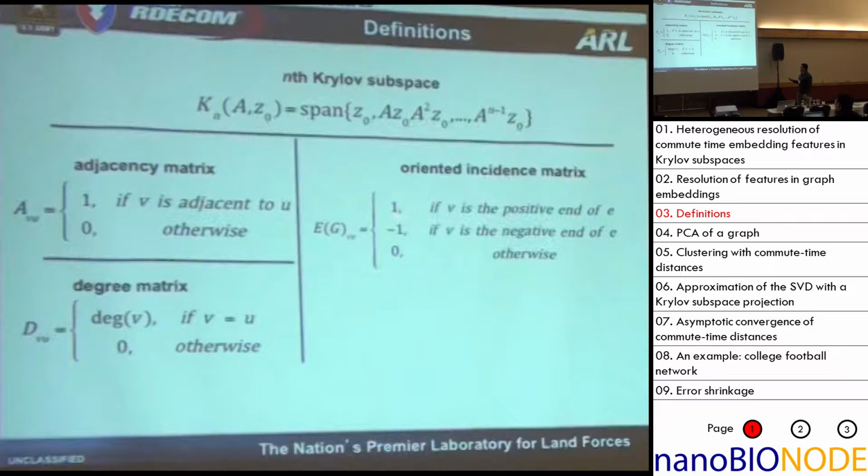So we have a 1 if edge E is incident to vertex V on the positive end, and a negative 1 if it's on the negative end. What does that mean? We're dealing with undirected graphs. Well, the good news is you can just arbitrarily pick, for any edge, one side of it to be positive and one side of it to be negative, and all the properties we need out of this oriented incidence matrix hold. It's totally arbitrary.